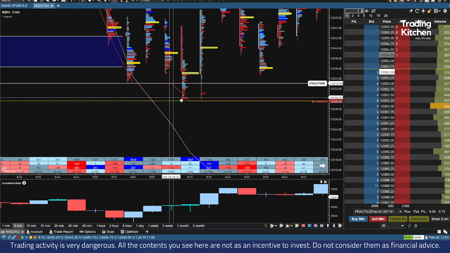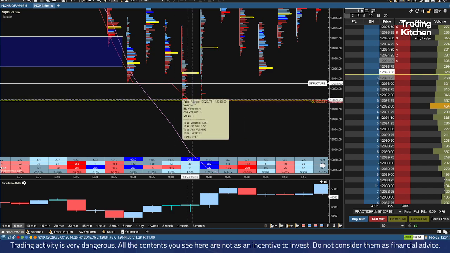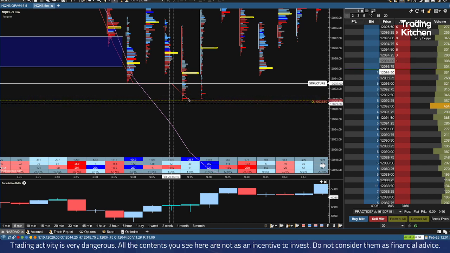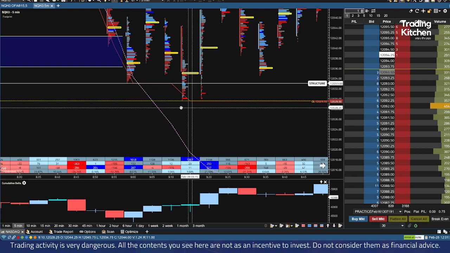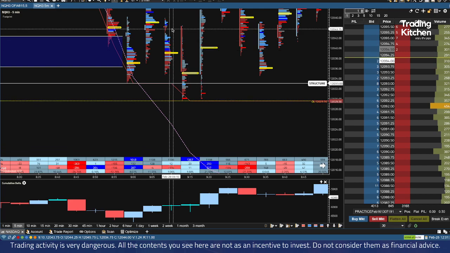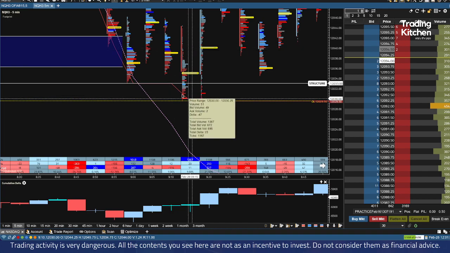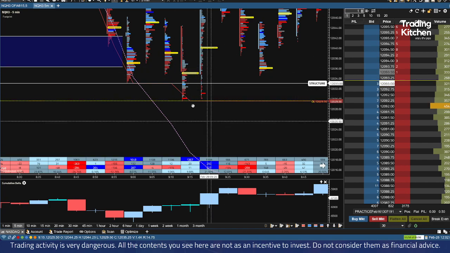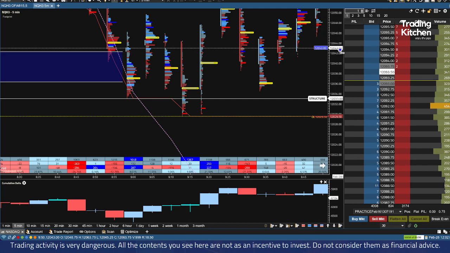Not only that. When I see this huge histogram here, which is red, we have a lot of sellers here at the bottom of the candle. My logic says if I see a huge amount of sellers here, maybe price will come down strongly, but it did not.